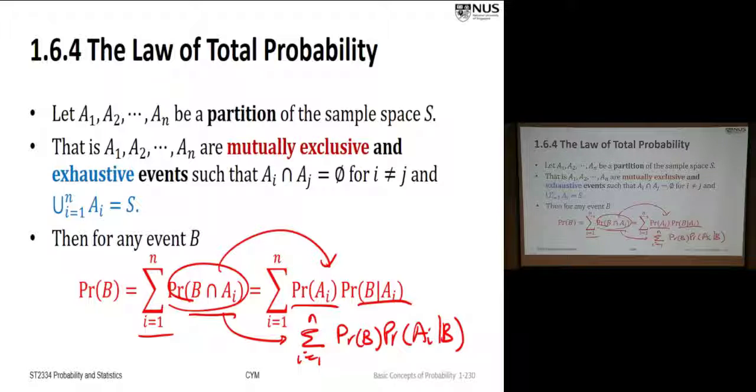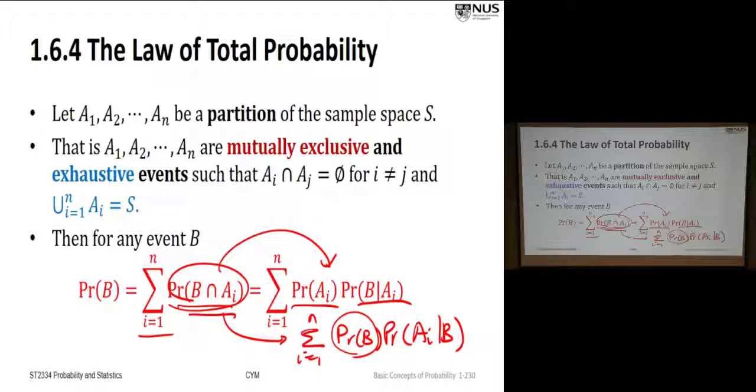Each one is equal to probability of B times probability of AI given B, right? Correct or not? Then, is there any I here? No I, right? What does it mean?